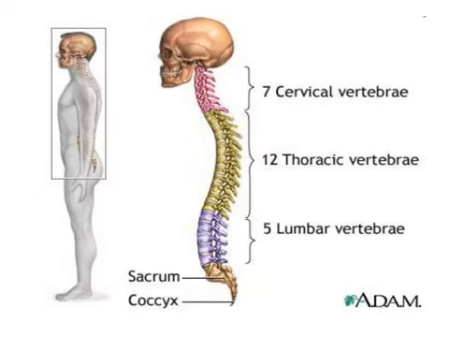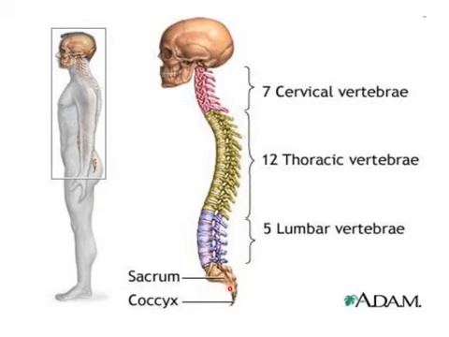This is the vertebral column. We can see this is the cervical vertebrae الفقرات العنقية 7 cervical vertebrae. 12 thoracic vertebrae الفقرات الصدرية. 5 lumbar الفقرات القطنية.